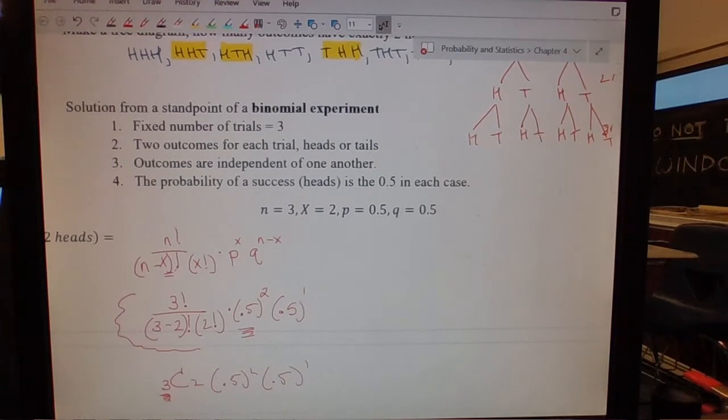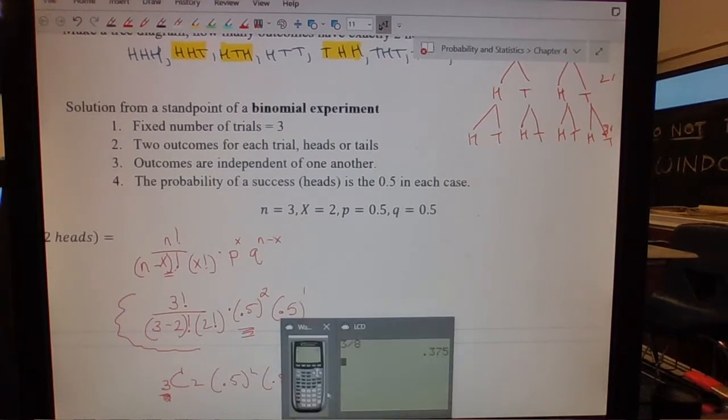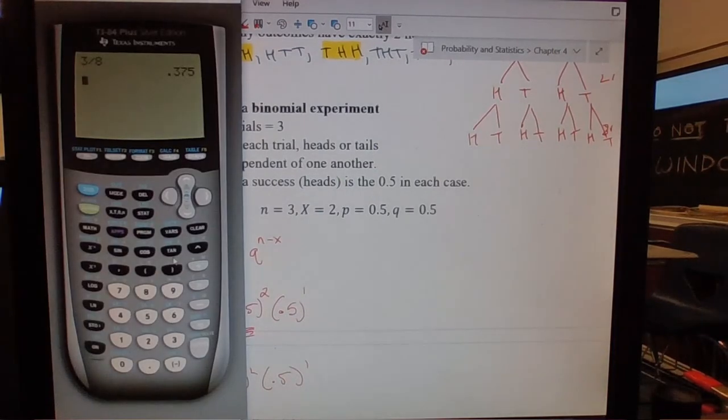So if we do that, okay, we already know the answer to this question through our sample space. But if we understand that it is a binomial distribution, we should be able to say 3, go to math, over to probability, down to option 3. So 3 combination 2. Okay, and then I'm going to multiply that result.